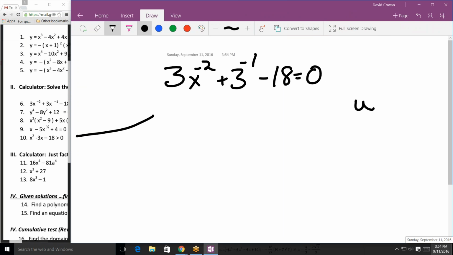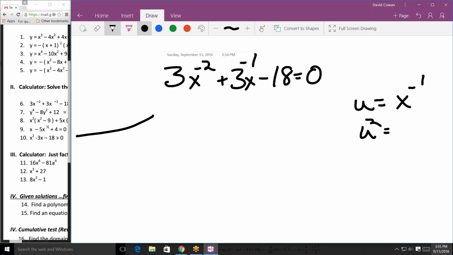What am I going to let U equal to? Hold on, there's an X right there. X squared. No, it's whatever the middle term is. So U equals X to the negative 1. Now what's U squared?